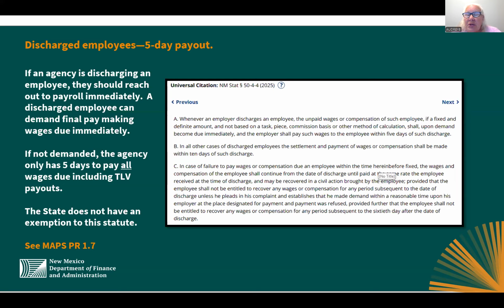We just recently saw an agency that received a notification of a potential fine of over $13,000 because they did not pay out the TLV of an involuntarily terminated employee within those 5 days.